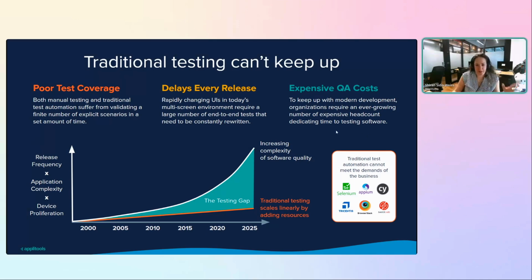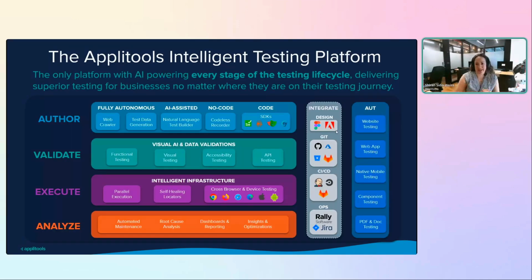For that purpose, we invented the Applitools Intelligent Testing Platform, a one-stop shop, AI-powered at every stage of the testing lifecycle, starting from authoring through validation, execution, and then the analytics part. So that's just a recap if any of you did not participate in the previous sessions.